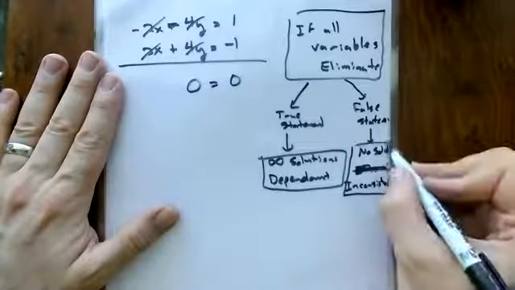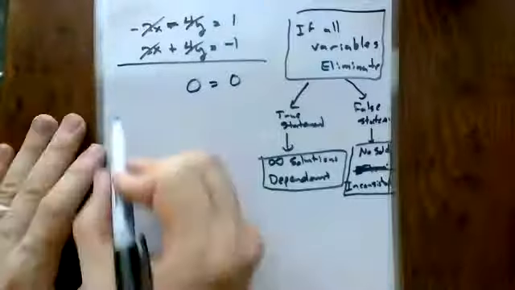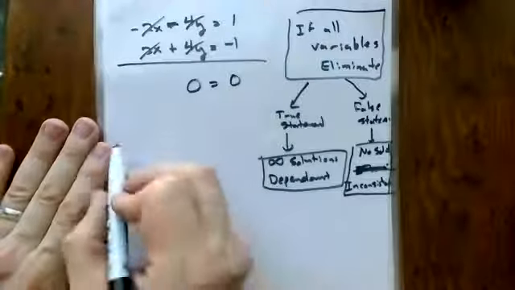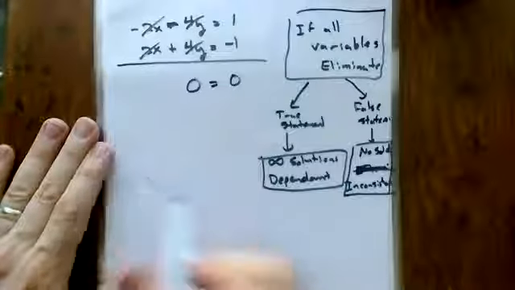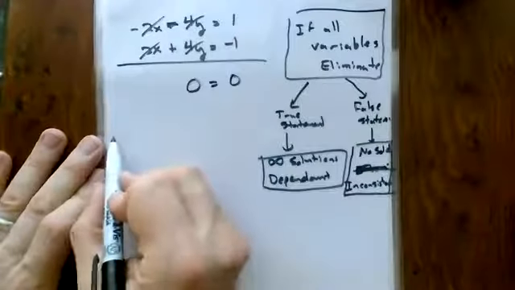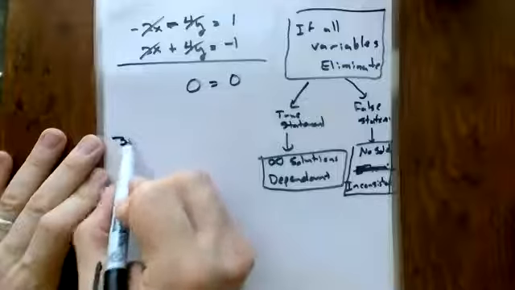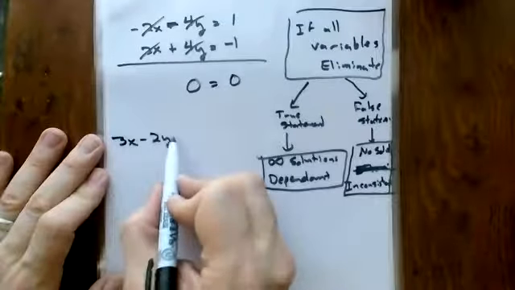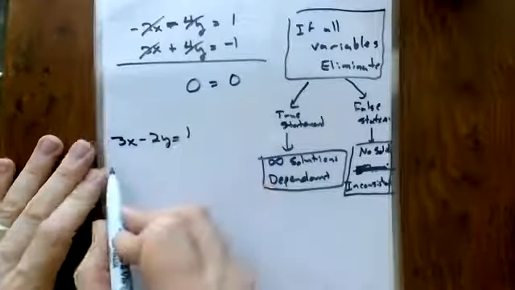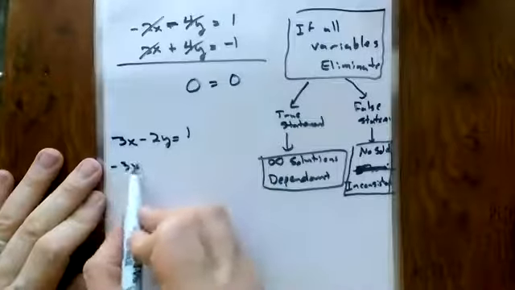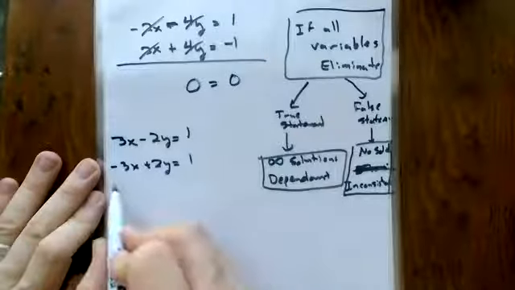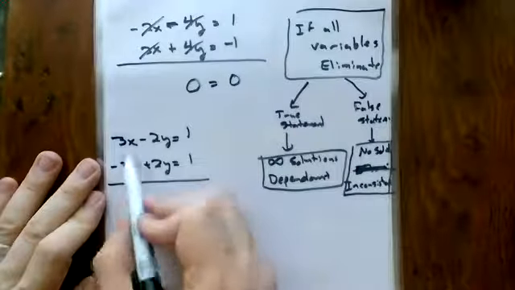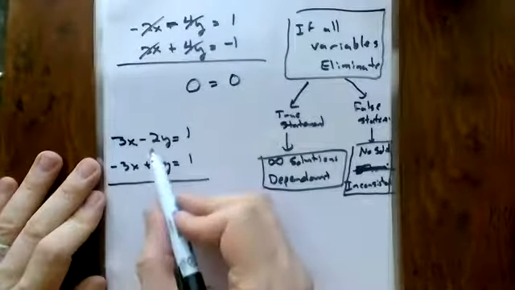So this can happen. If I were to look at something, say I had a system that was 3x minus 2y is equal to 1, and minus 3x plus 2y is equal to 1. 3x minus 3x is 0.